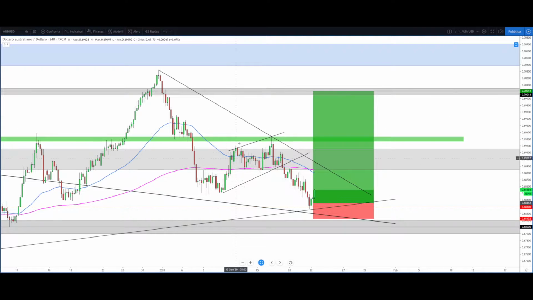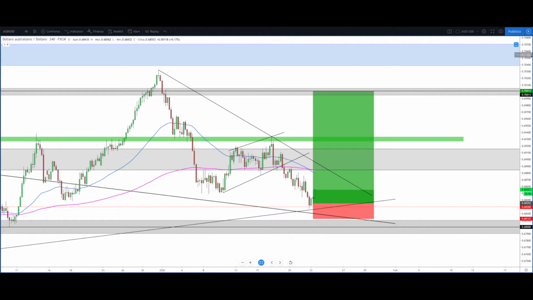We can see that the price moved inside this flag, but just before the last weekly closing, the price started this new bearish movement that broke this flag and during the night touched this key level.